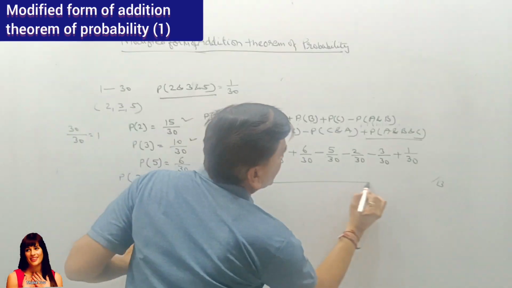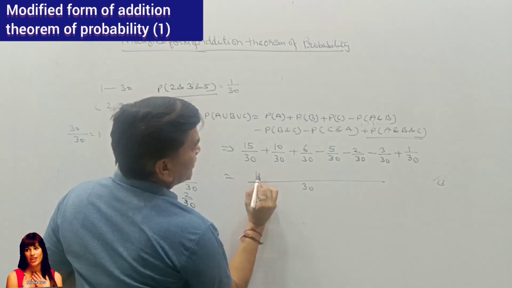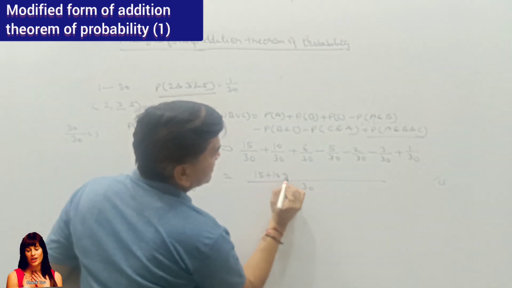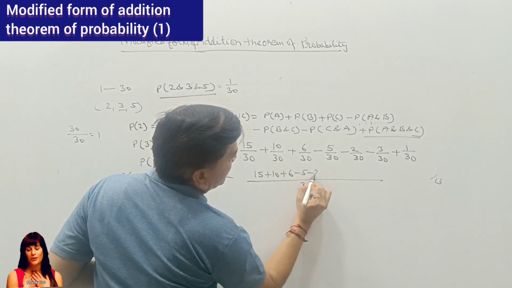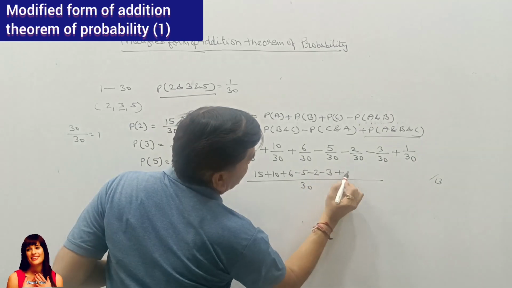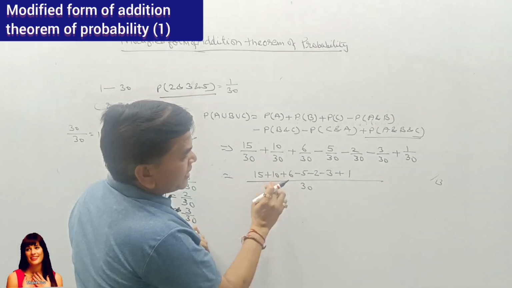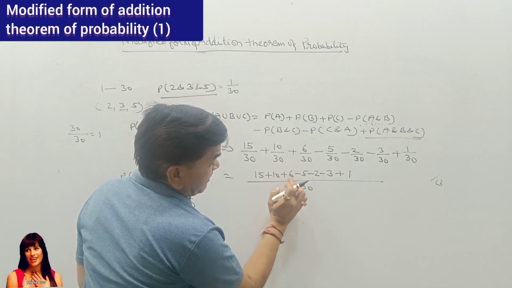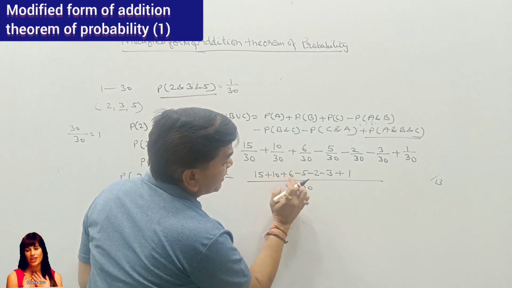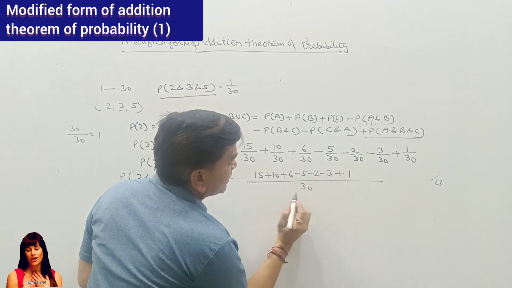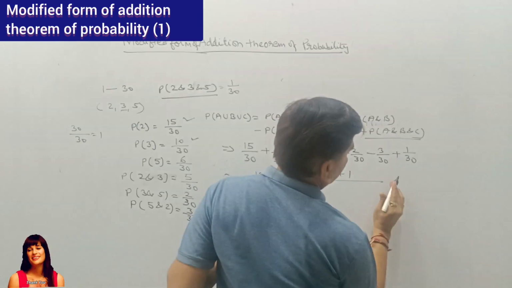So with 30 as the LCM, we have 15 plus 10 plus 6 minus 5 minus 2 minus 3 plus 1. So 15 plus 6 is 21, plus 1, that is 22 upon 30.